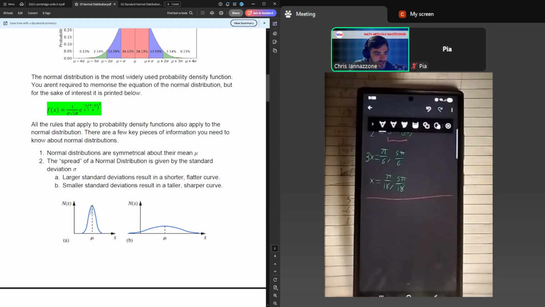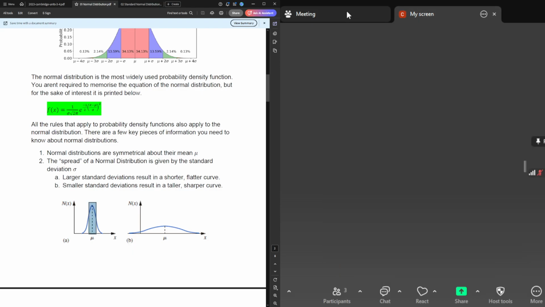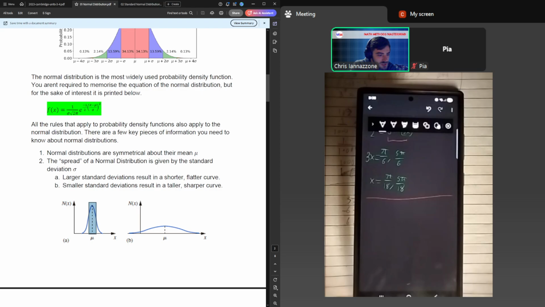So if you have a small standard deviation, a lot of the probability is concentrated on one particular spot. Whereas if you have a high standard deviation, it usually means you have an overall shallower or flatter curve that is more spread out across your x-axis. That's this one here. Larger standard deviations result in a shorter, flatter curve. Smaller standard deviations result in a taller, sharper curve.